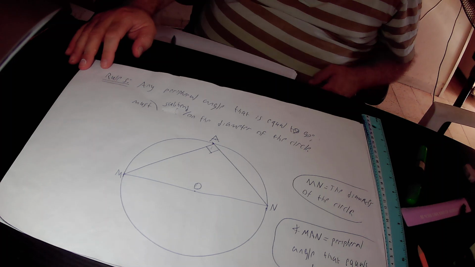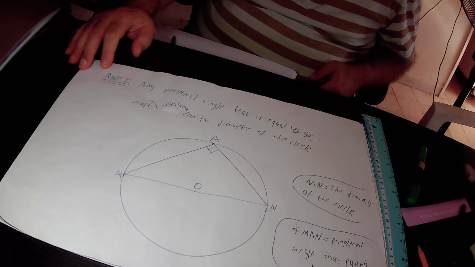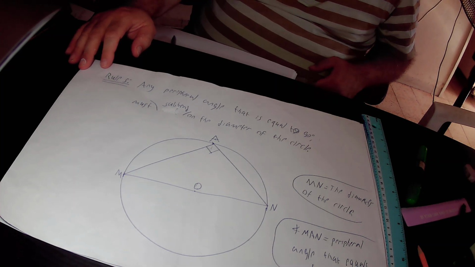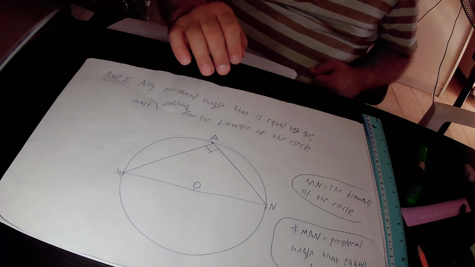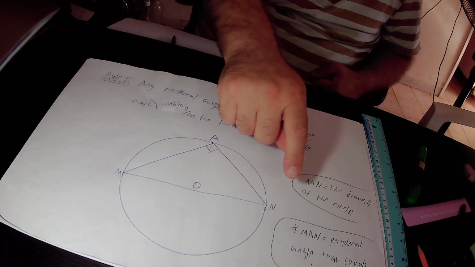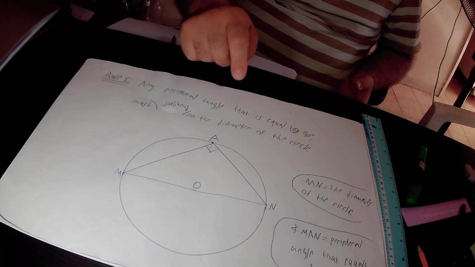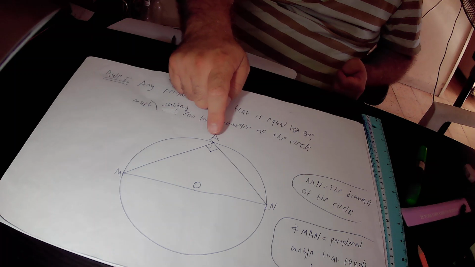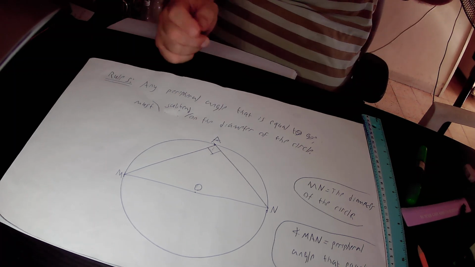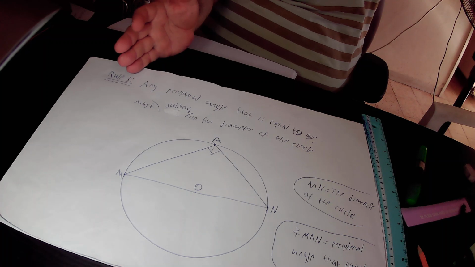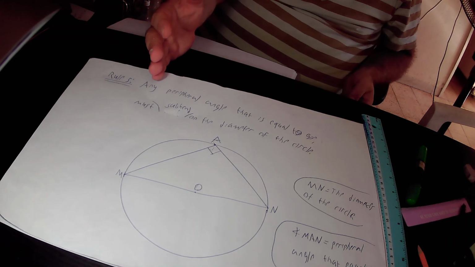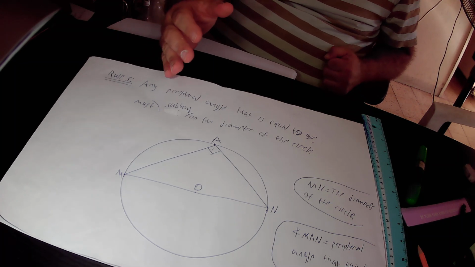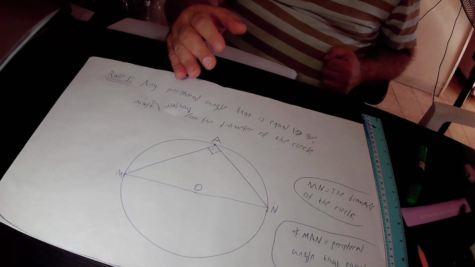According to rule 5, any peripheral angle that is equal to 90 degrees must subtend on the diameter of the circle. So in the drawing we have a circle. This is peripheral angle MAN, and we know that peripheral angle MAN is a right angle, equal to 90 degrees in size. According to rule 5, whenever you have a peripheral angle that is a right angle, then it must subtend on the diameter of the circle.